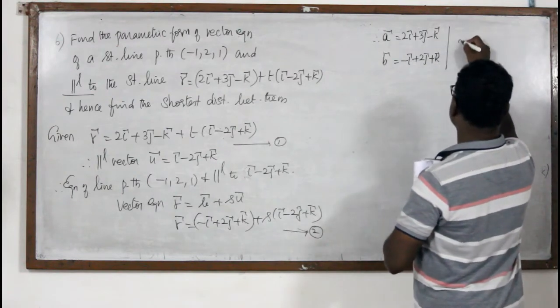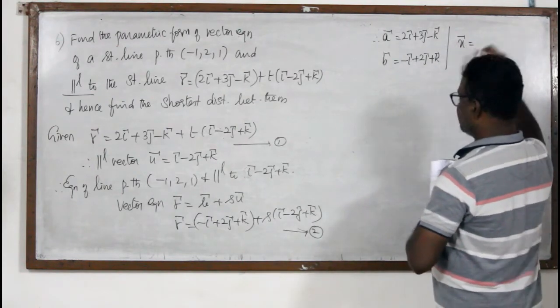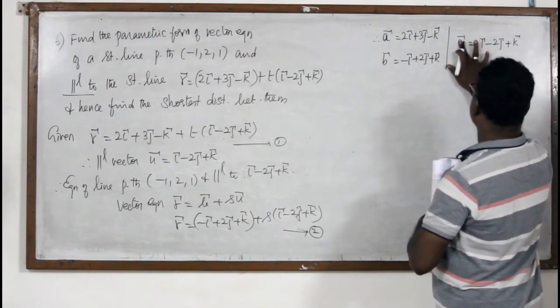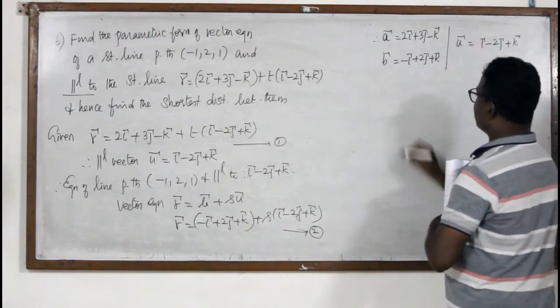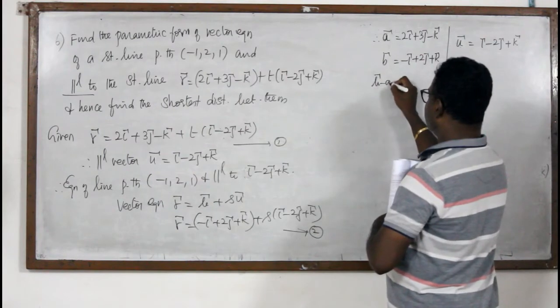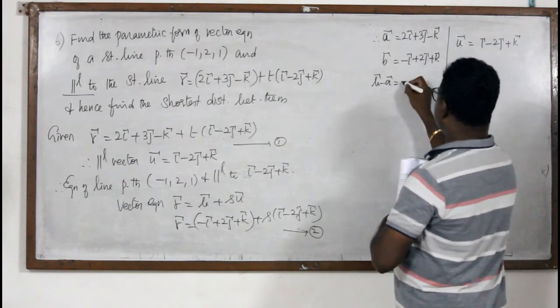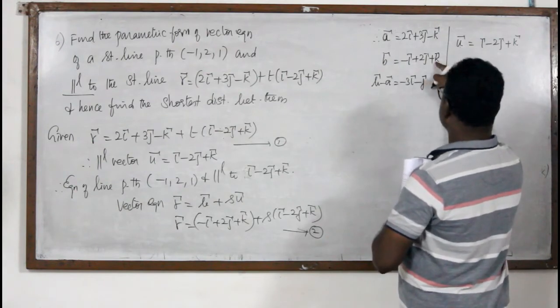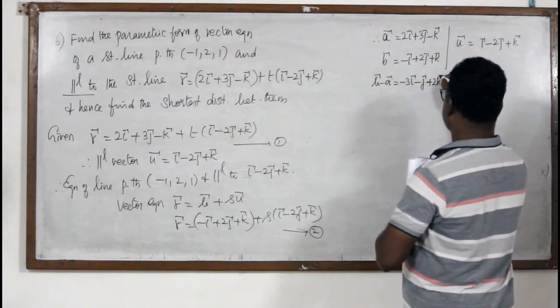These two are points, and then the u vector is i minus 2j plus k vector. This is our u vector. So I am in need of b minus a, which is minus 3i minus j plus 2k vector.